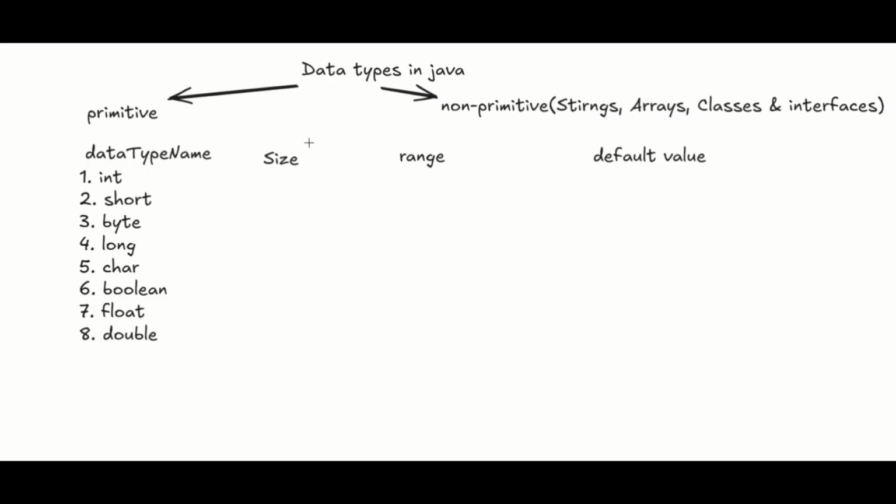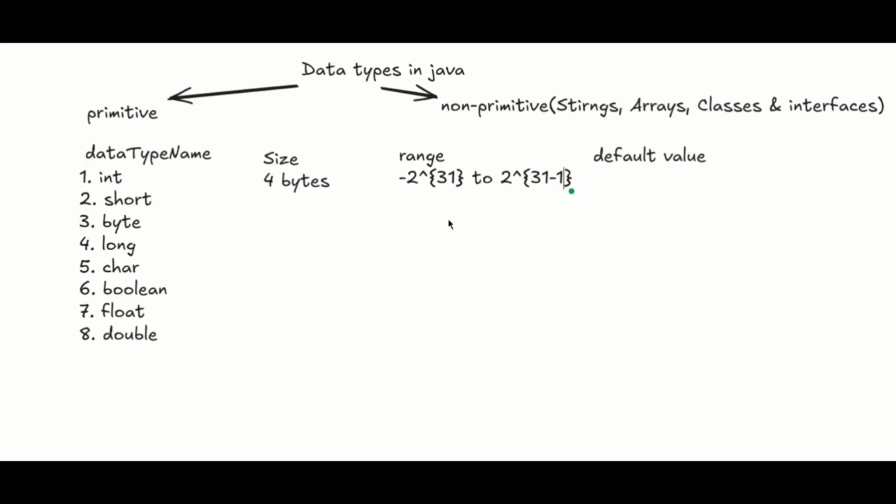Now for int, the size is 4 bytes, and the range is from -2 to the power of 31 to 2 to the power of 31 minus 1.